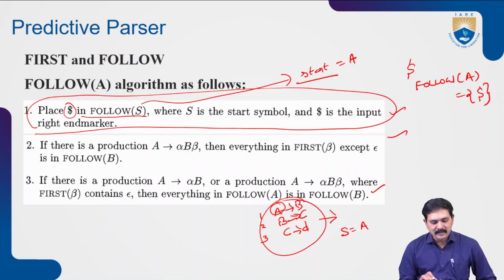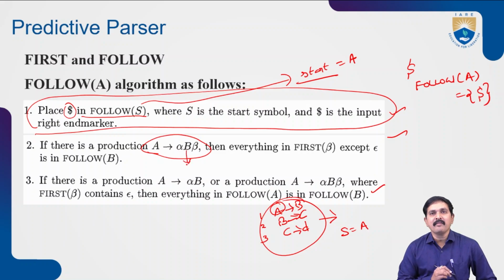The second rule is: if there is a production in the format capital A implies alpha, capital B, beta. In that case, what is the follow of B?